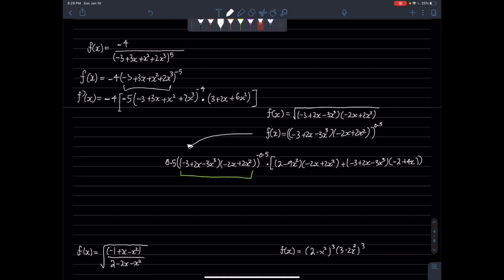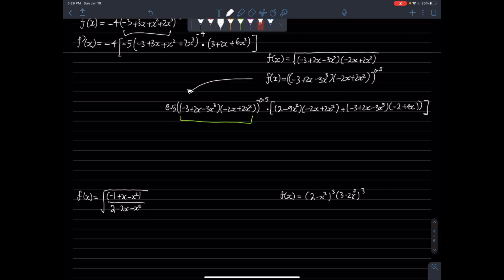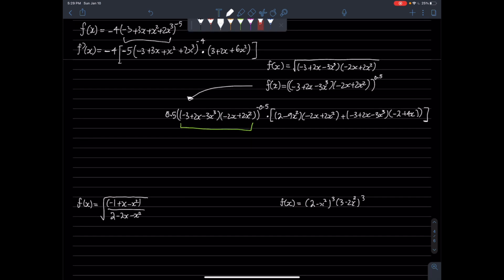And that's that derivative. You could factor and multiply out and collect like terms and waste the time. You don't need to unless it's required of you, but then that just becomes algebra.